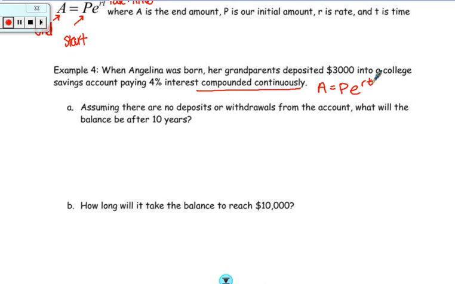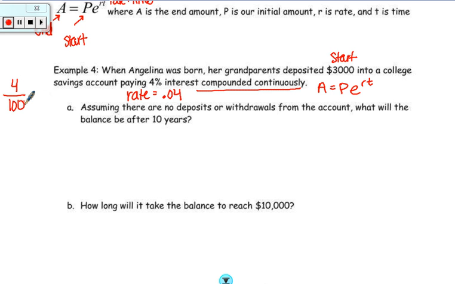When she was born, her grandparents deposited $3,000. So $3,000 is what I'm starting with. Into a savings account paying 4% interest. Now remember, on your rate, you have to write a percentage as a decimal. So 4% is 0.04. And if I didn't know that, I could take 4 and divide it by 100.